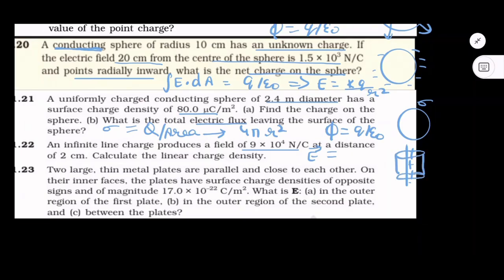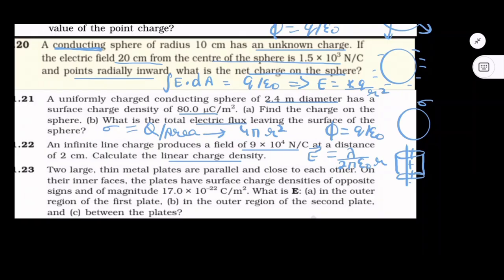Like this, we found the electric field, which was lambda upon 2 pi epsilon naught into r. Now we are given the field and the distance. From there we can find the value of lambda, and this is what we need to find, the linear charge density.